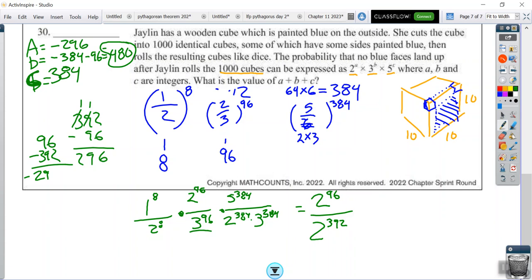Negative 92. Same thing. And so what do we get when we add them all together? Negative 392. Negative 392. And there's your answer.